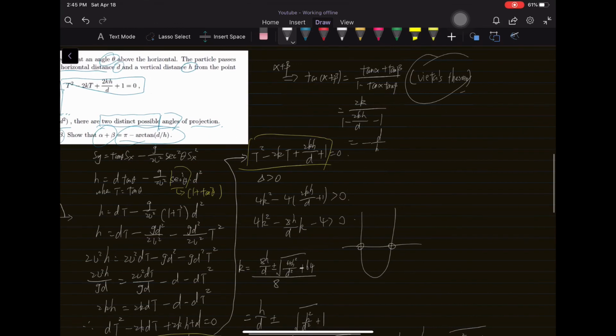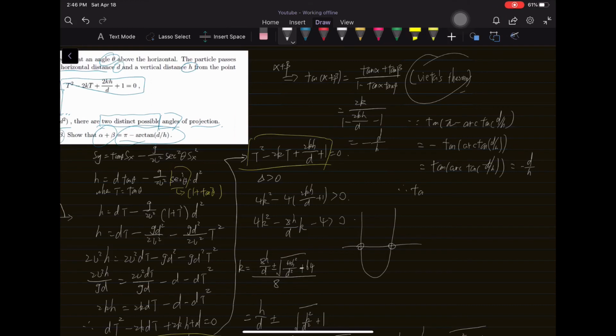And we know that tangent of pi minus arctangent d over h equals minus tangent arctangent d over h, which equals tangent arctangent of minus d over h, which equals minus d over h.